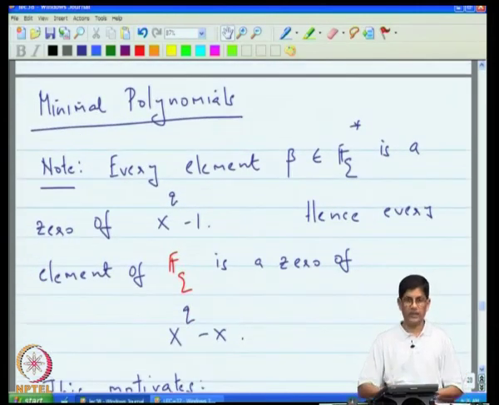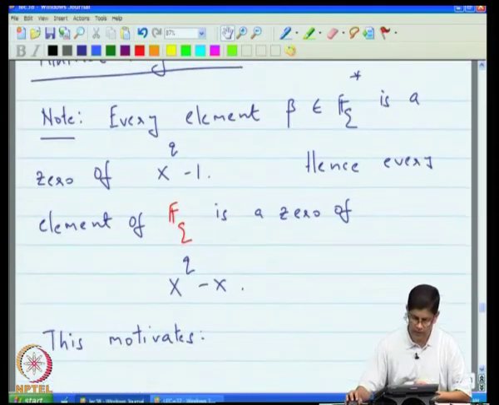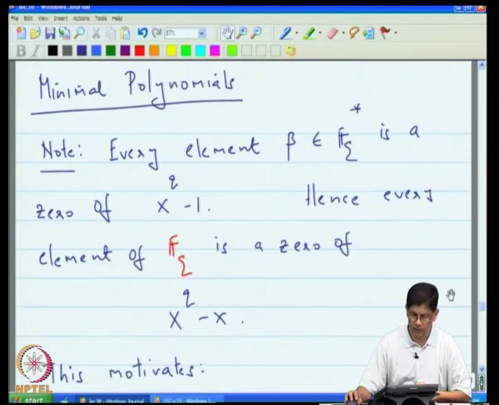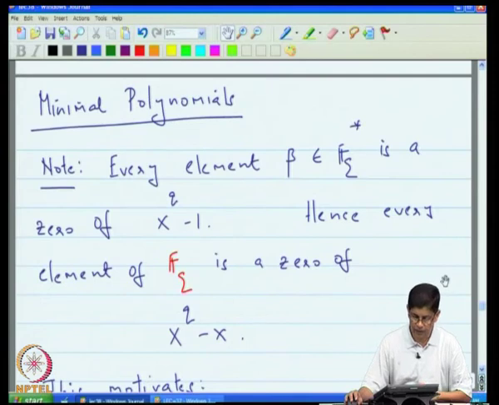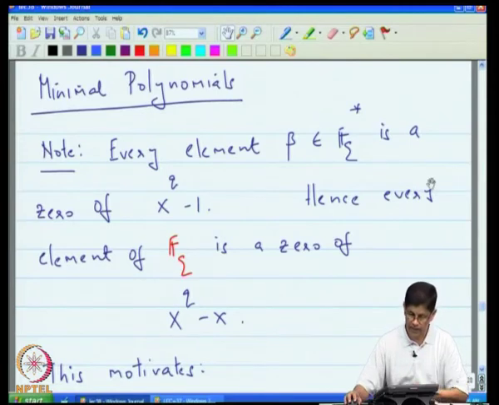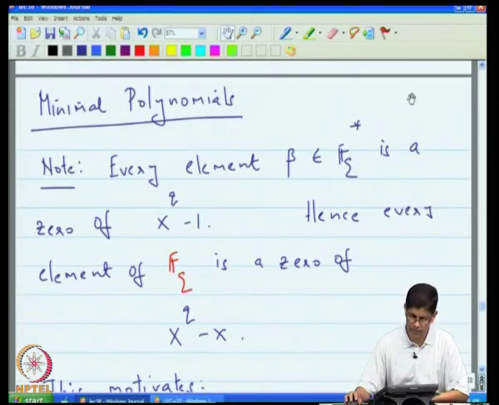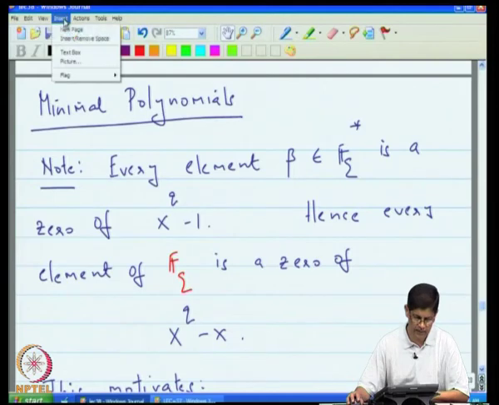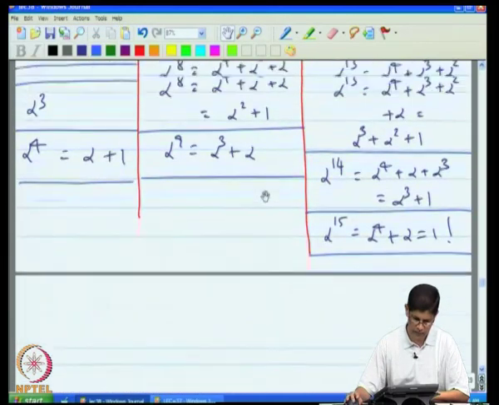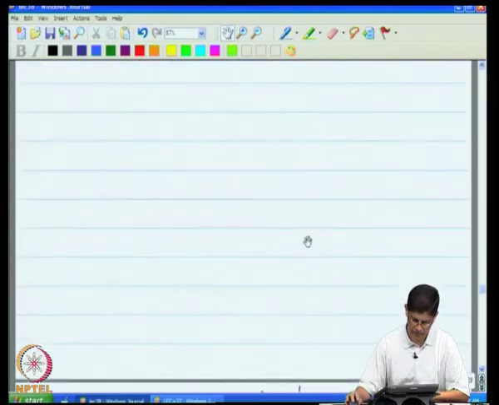Next, now that we have built up this simple picture of the non-zero elements in the field, we want to build up to a different picture. Maybe to motivate this, let me introduce a page here.